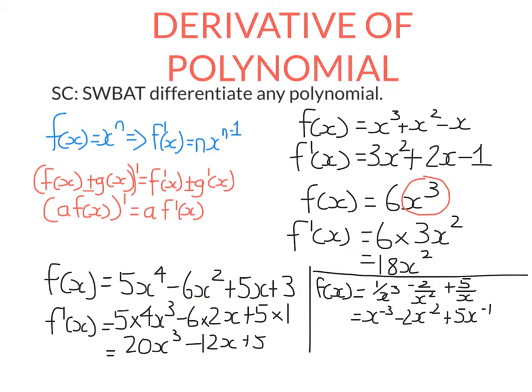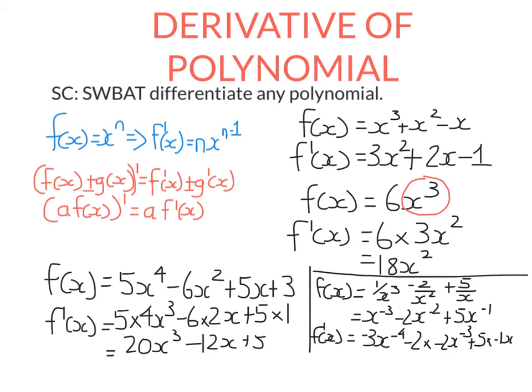So the derivative of x to the power of minus 3, so now I'm differentiating, so I move the power to the front and decrease the power by 1. For this next one, I leave the minus 2 alone. I move the power to the front and decrease it by 1. And then same for the last one. I leave the 5 alone, move the power to the front and decrease it by 1.